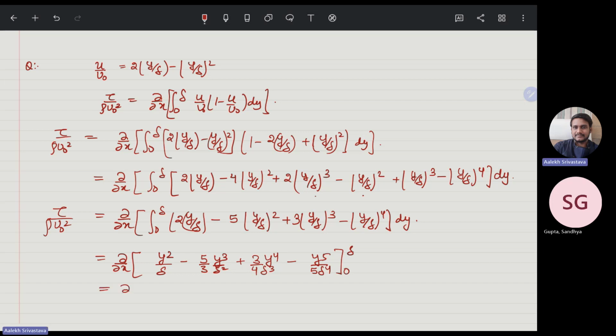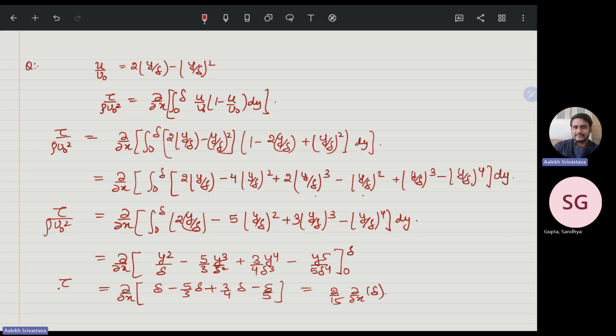So it will be del del x of, if you just put the limit, delta minus 5 by 3 delta plus 3 by 4 delta minus delta by 5. And if you simply say, it will be 2 by 15 del del x of delta.